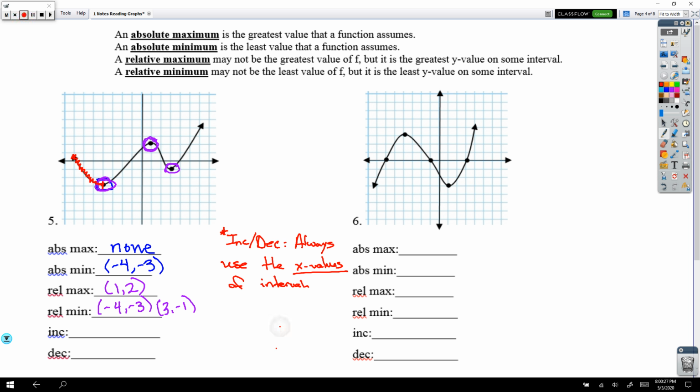So I'm going to bring this up to the x-axis. So from here and everything to the left, I am decreasing. So all the way out to the left, we have -infinity, and then it stops at -4. So I'm decreasing from -infinity to -4 on the x-axis.